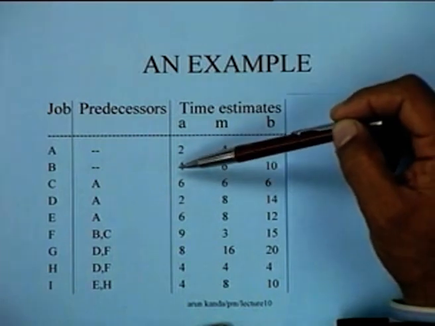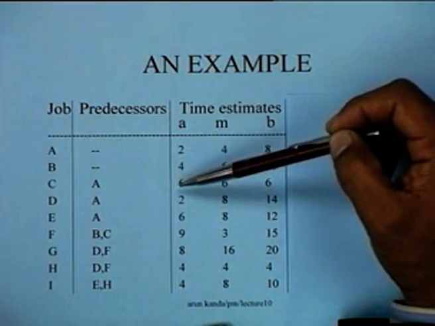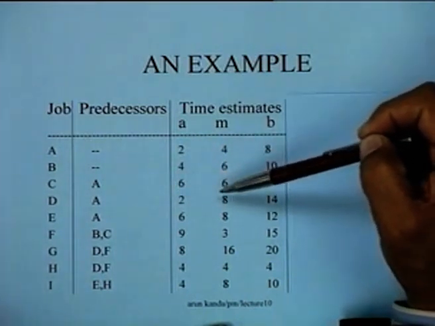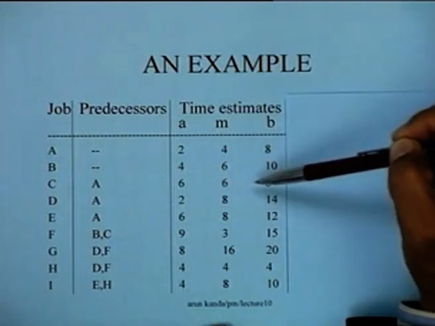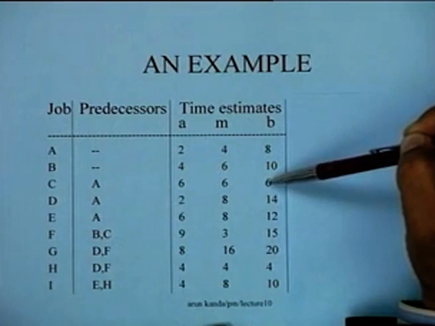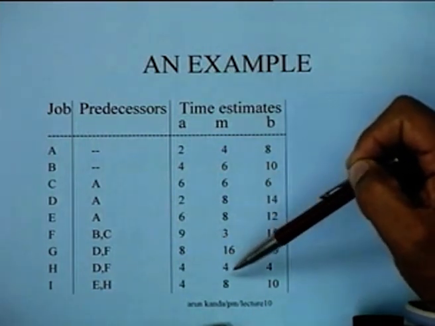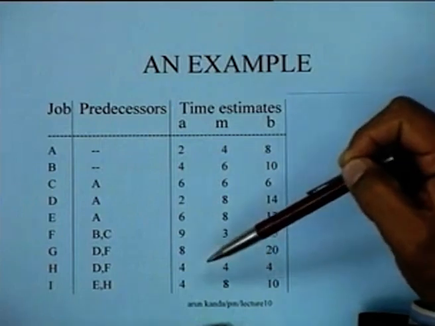And similarly for job B we have these estimates. However, we are fairly sure of the time of activity C. We are quite sure that activity C will take 6 days, so we indicate 6 on all the 3 values of a, m, and b. And similarly here we find that activity H also we are fairly sure will take only 4 days, and we have these estimates.